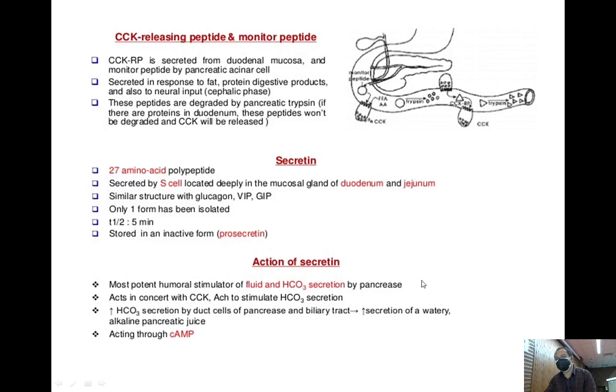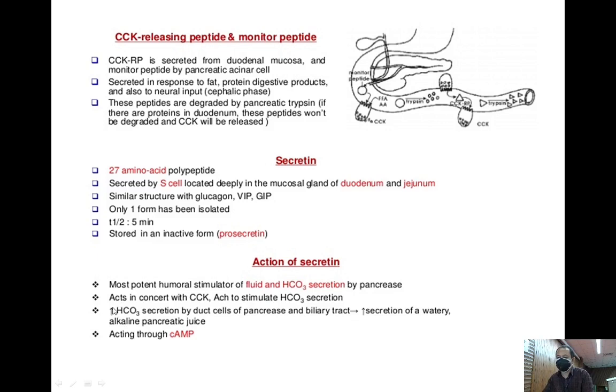It causes the secretion of bicarbonate from these ductular cells and centroacinar cells, eventually resulting in the secretion of a fluid rich in bicarbonate, which is therefore alkaline in nature. This is important to neutralize the acid in the acid chyme, which is arriving in the duodenum and jejunum.